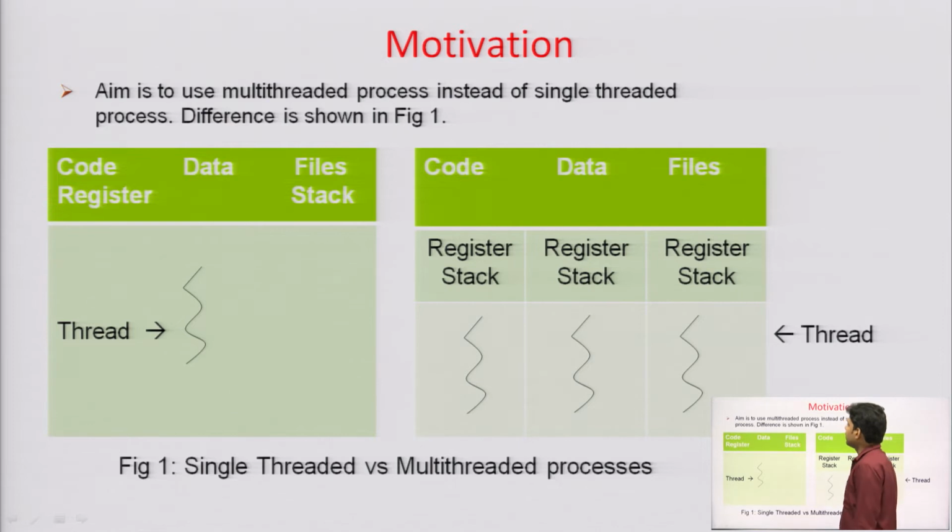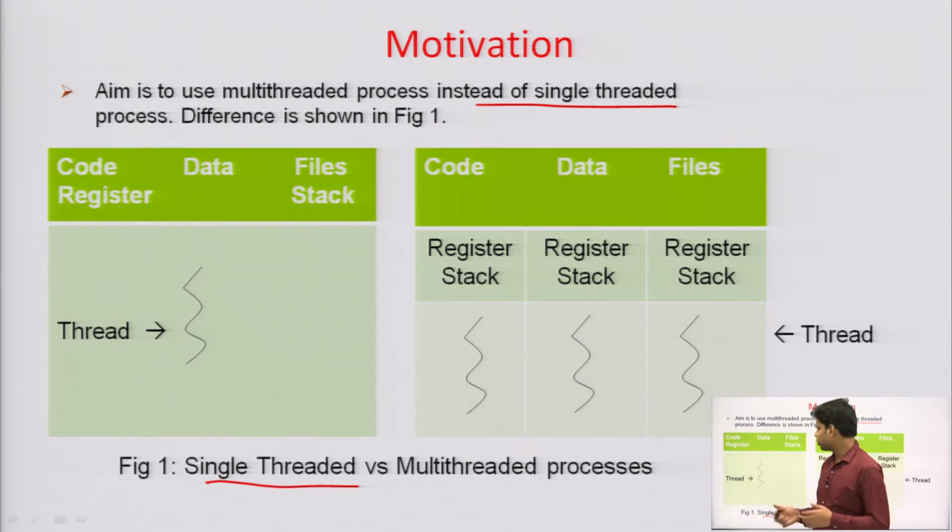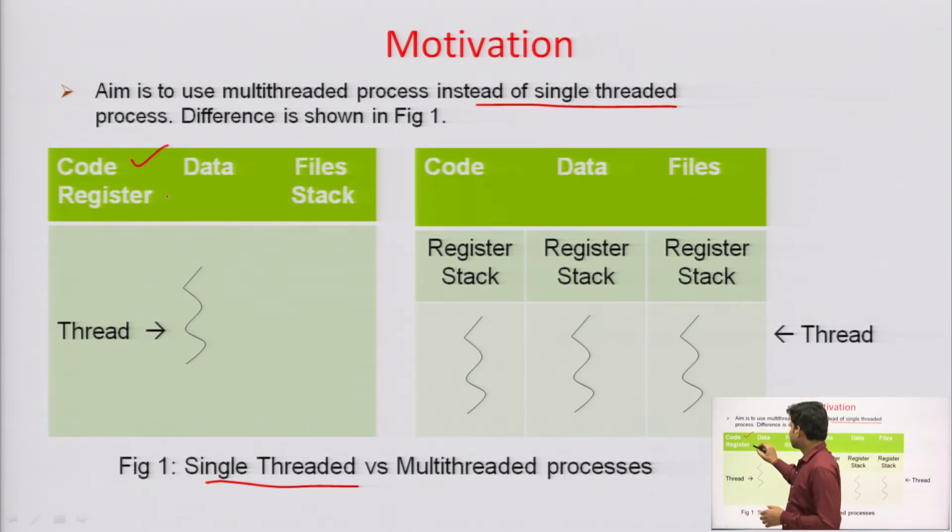You can see the aim is to use a multi-threaded process instead of a single thread. What are the benefits of using multi-threading? Here you can see a single-threaded process, meaning only one thread is there, and what is shared by this single thread? Code, register, data, files and stacks.